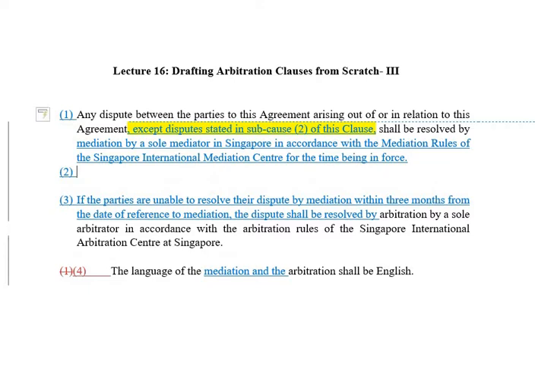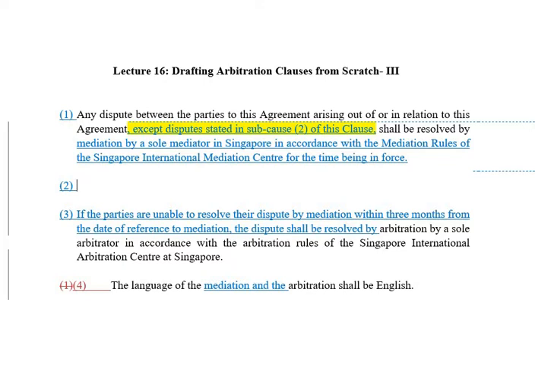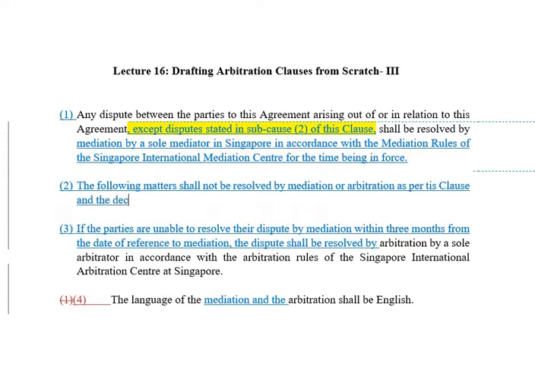The new subclause would state the following matters shall not be resolved by mediation or arbitration as per this clause, and the decision of the engineer shall be final and binding on the parties.